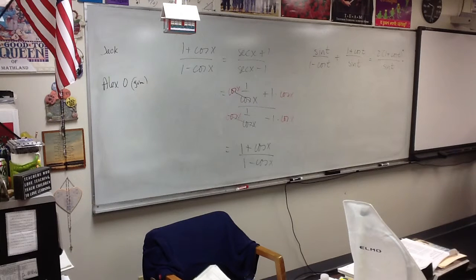So 1 over cosine. This one times this. Wait, let's cancel that out. This is also a sine. This cancels this one. Squared.